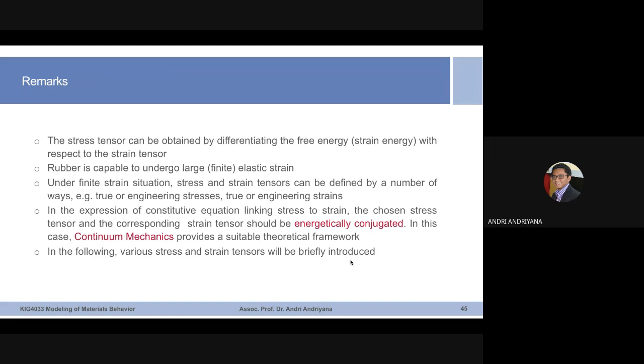We also saw last week that when we deal with a material such as rubber, the more we stretch it, the more contraction we have in the cross-section. Consequently, when we compare and calculate true stress and engineering stress, the values will be significantly different.